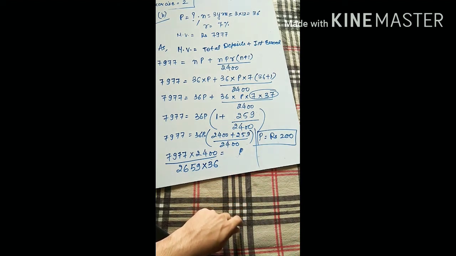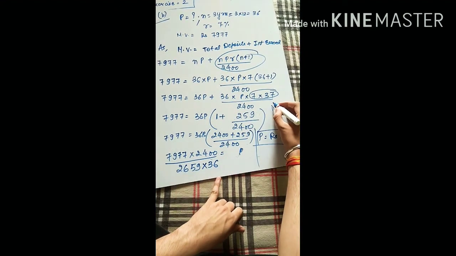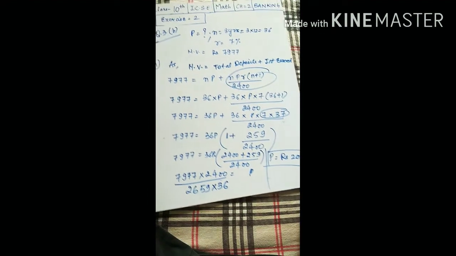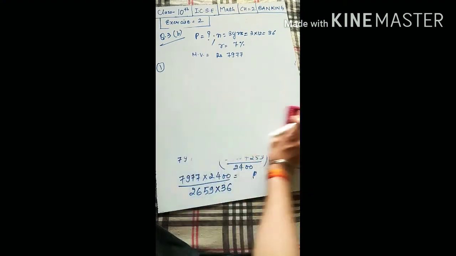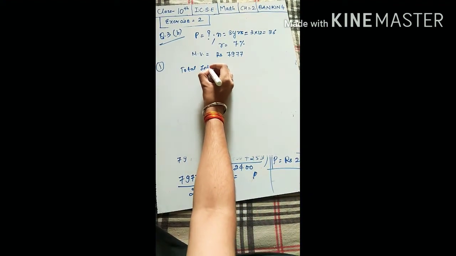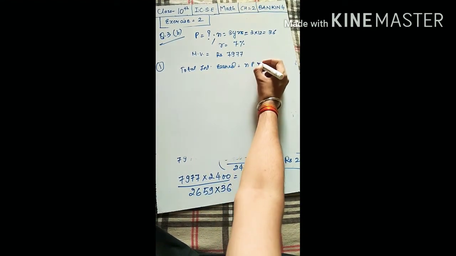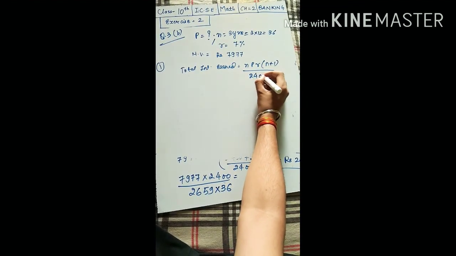Now you have to find the total interest earned. How will we find it? By using this formula, the second question. Let me do the second question. This is NPR, N plus 1 upon 2400.